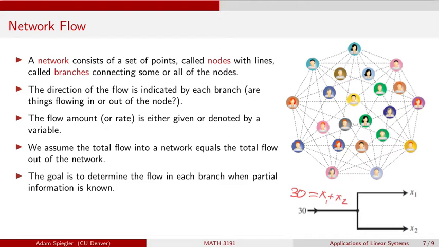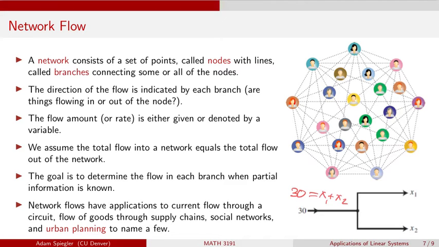And so various fields where networks have important applications might be electrical circuits, the flow of goods through supply chains, social networks, and the example that we'll take a look at next would be with traffic patterns, which could play an important role in urban planning.